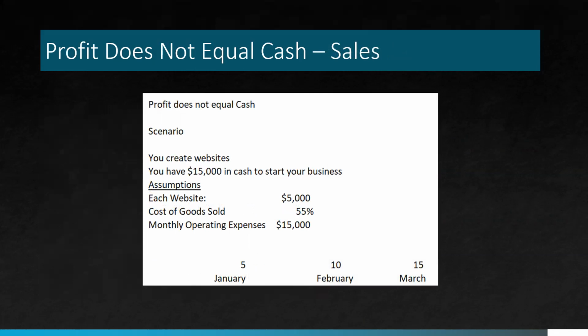So in this scenario, you're creating these websites at $5,000 each, and we've laid out the assumptions. And in January, you have sold 5 websites. And in February, 10 websites, and in March, you've sold 15. So let's see what each month looks like.